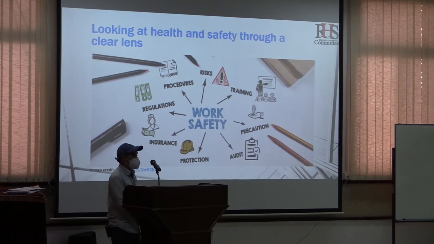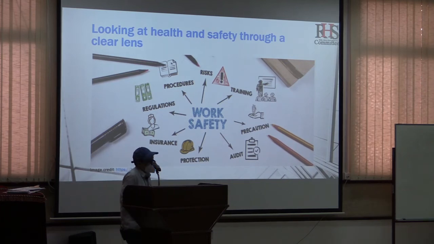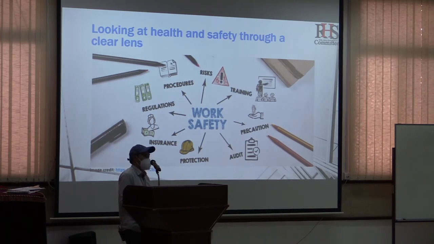So there are several steps. There are at least 6 ideal. When I say ideal, it is not necessarily that we are following this. For most of these recommendations or suggestions, we are just talking about the ideal way of trying to look at health and safety through a clear lens.